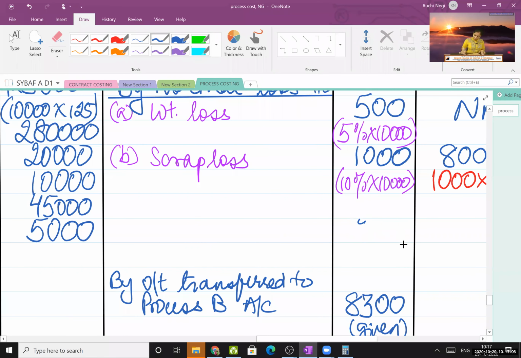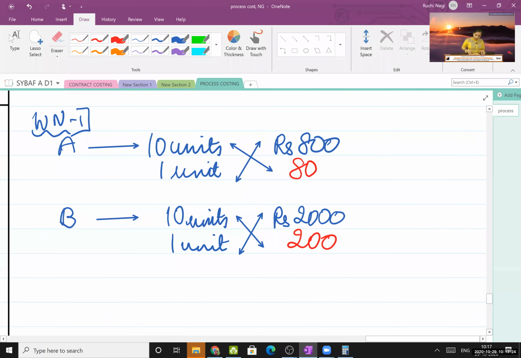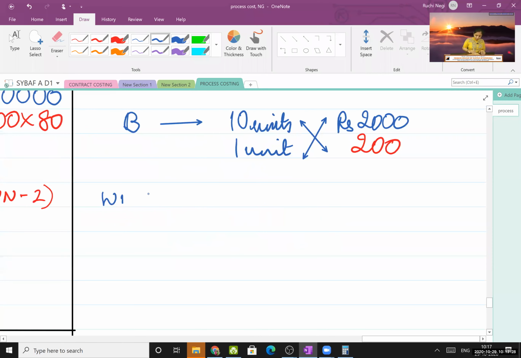Okay. 200 का आपका abnormal loss हो गया. So right here, by abnormal loss. Okay. Apply the formula and calculate. Working note.